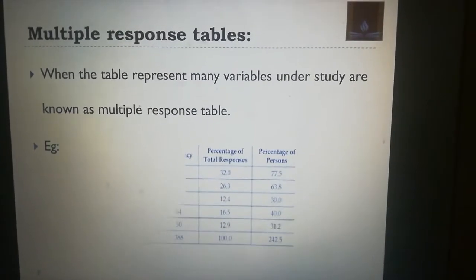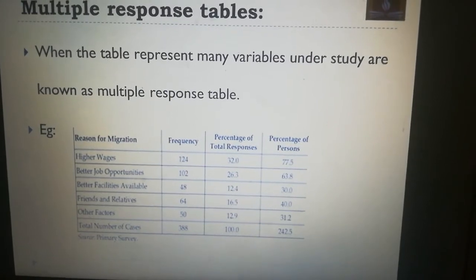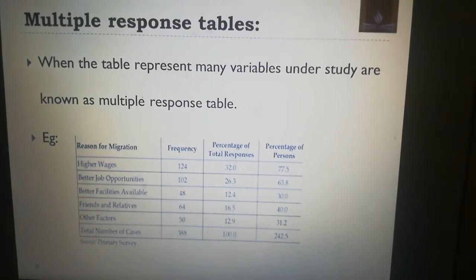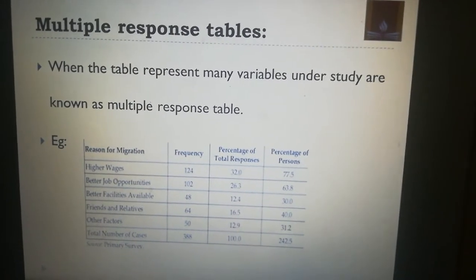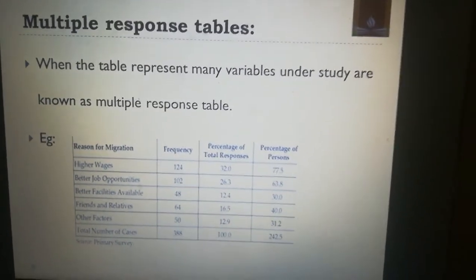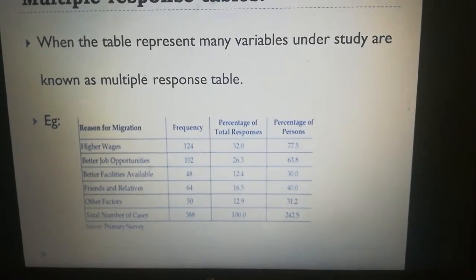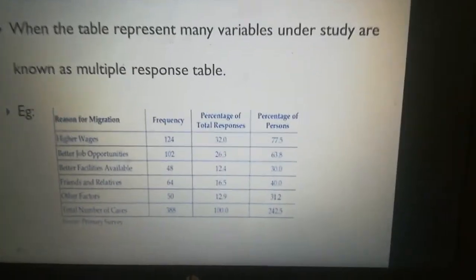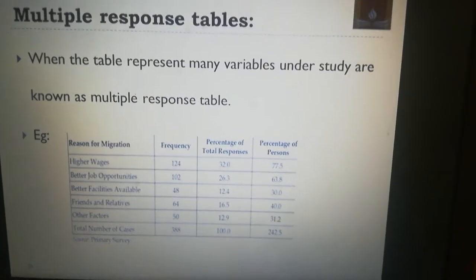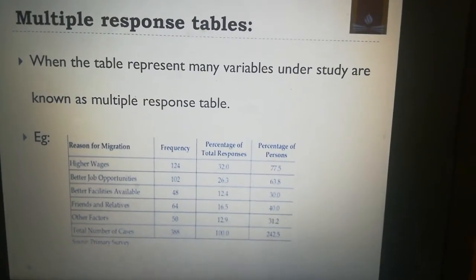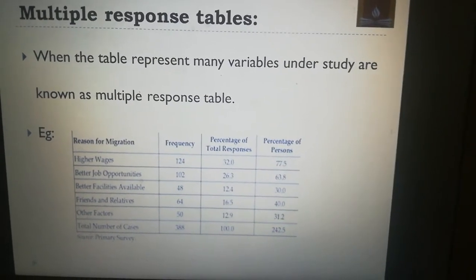An example: we could see a lot of attributes we have collected, maybe from a qualitative, open-ended study, with the themes and content we have taken. The reason for migration, maybe for higher wages, 124 people, so the percentage is 32.